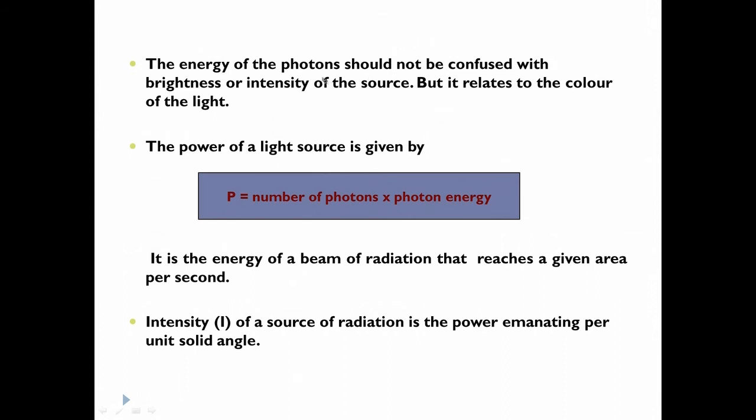If the energy is very high, they think it must be very bright. No, it is wrong. And if the energy of the photon is very high, it does not mean the intensity of light is very intense, that is also wrong. What we mean is it has something only to do with the frequency. If the energy is very high, frequency is very high. If the energy is very low, frequency is very low.